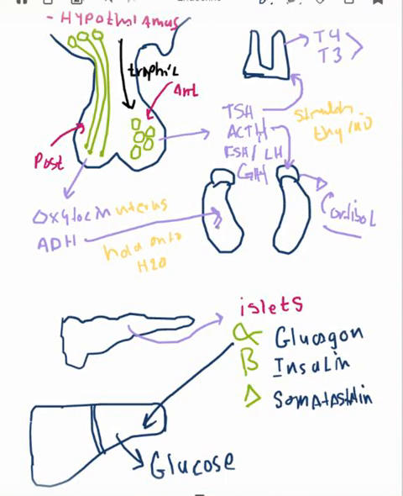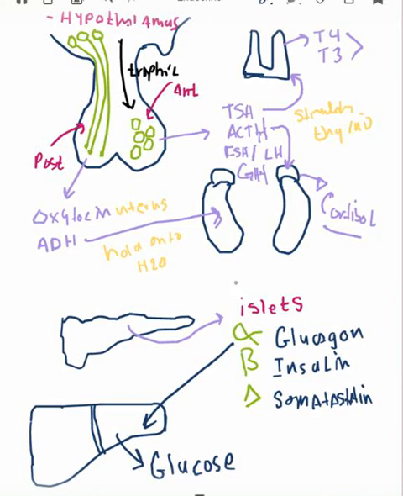Now, there are many other types of hormones that we haven't talked about specifically, but we've talked about in other classes, like renin, angiotensin, aldosterone, which are all very important in maintaining vascular tone and water and electrolyte balance.